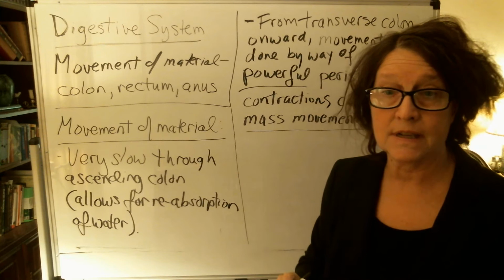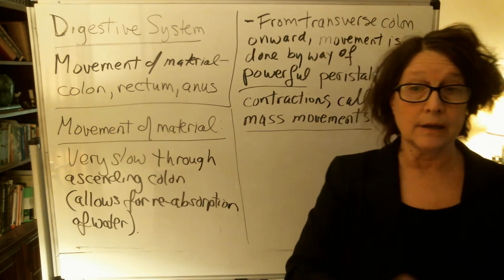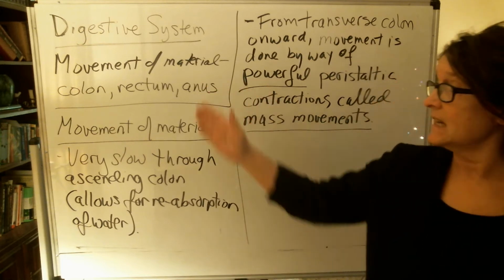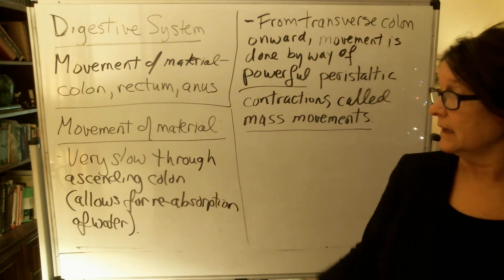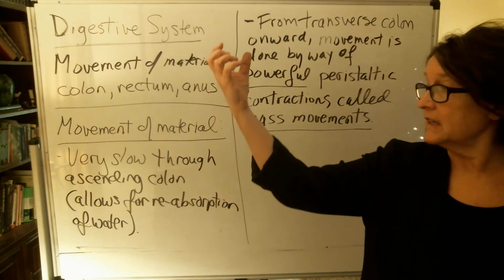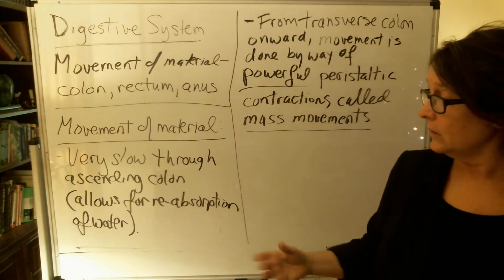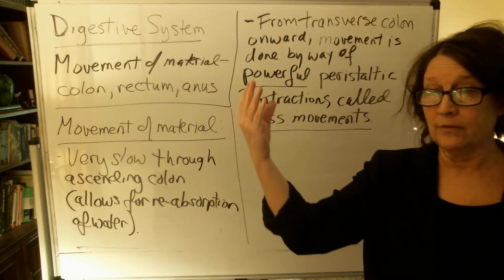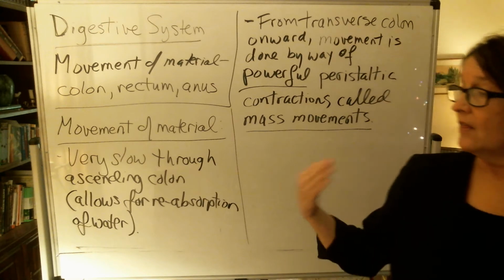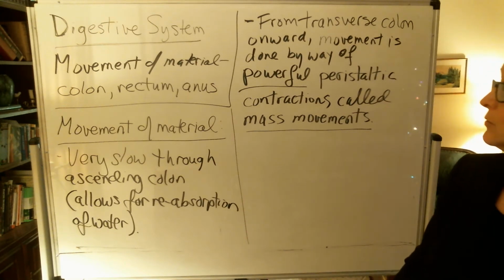So what did I just say? What I just said is that basically when you have material in your digestive system and it gets as far as the large intestine, as that digested material ascends in the ascending colon, it's going up very, very slowly. It's moving through the colon very, very slowly. That allows water to be reabsorbed.